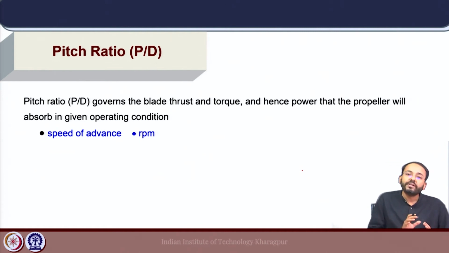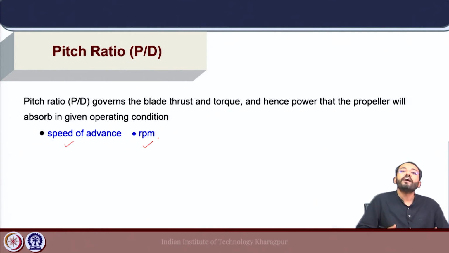So, for the same inflow conditions, that means for the same combination of speed of advance here and RPM, if we increase the pitch angle, that means if we have a higher pitch ratio for a particular blade section, the angle of attack will be higher, and that will lead to higher thrust and torque generated by the propeller blade.